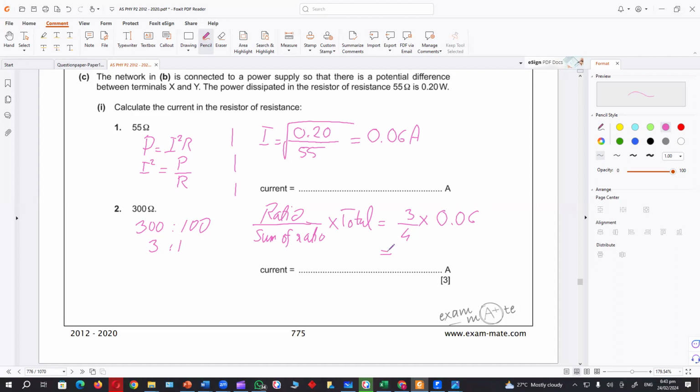Achha, current is divided in the reverse ratio. Let me make a correction here. In parallel, current is divided in the reverse ratio of resistance.